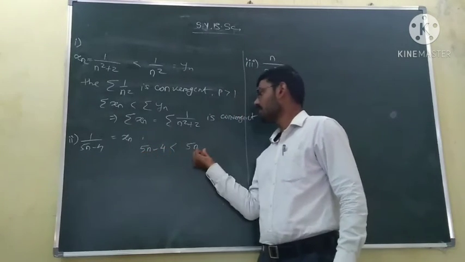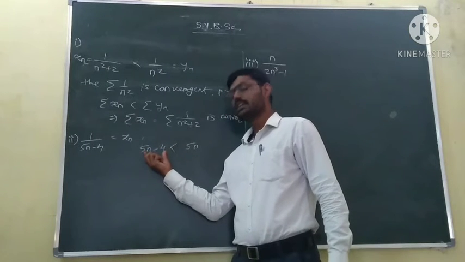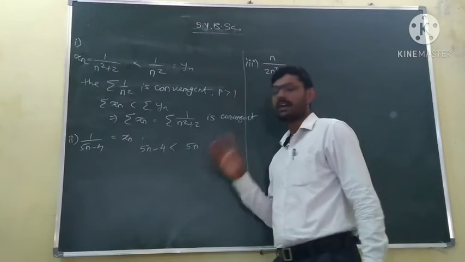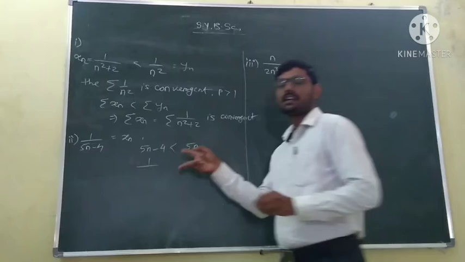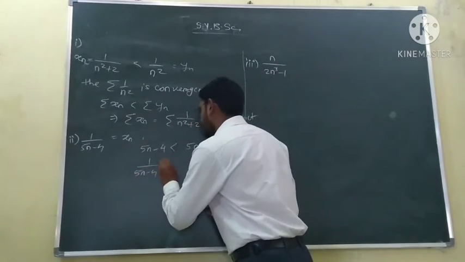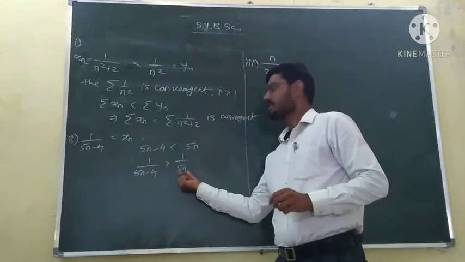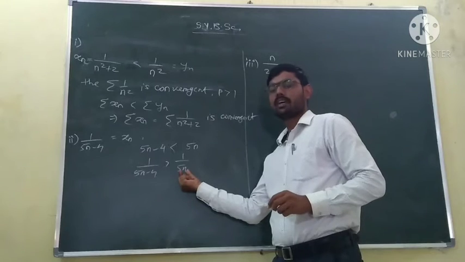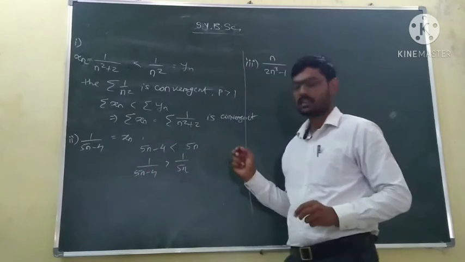This number is less than 5n. So if you take the reciprocal, the inequality gets changed. So 1 upon 5n minus 4 is greater than 1 upon 5n, because here the denominator is smaller and this number is greater.